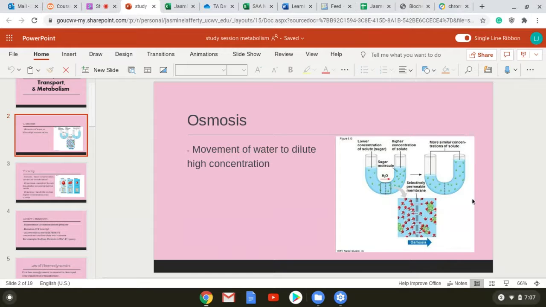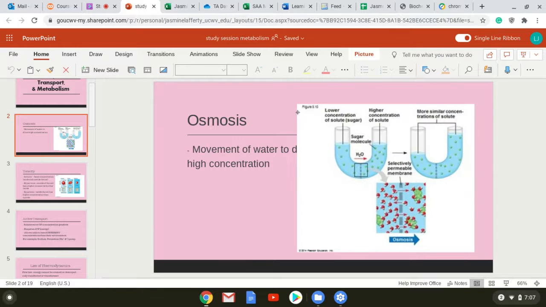So here, let me blow this picture up so you guys can see it better. Here we have a low concentration of solute, and then we have a high concentration of solute. In a perfect world where diffusion could happen, the solute would just go across the membrane.